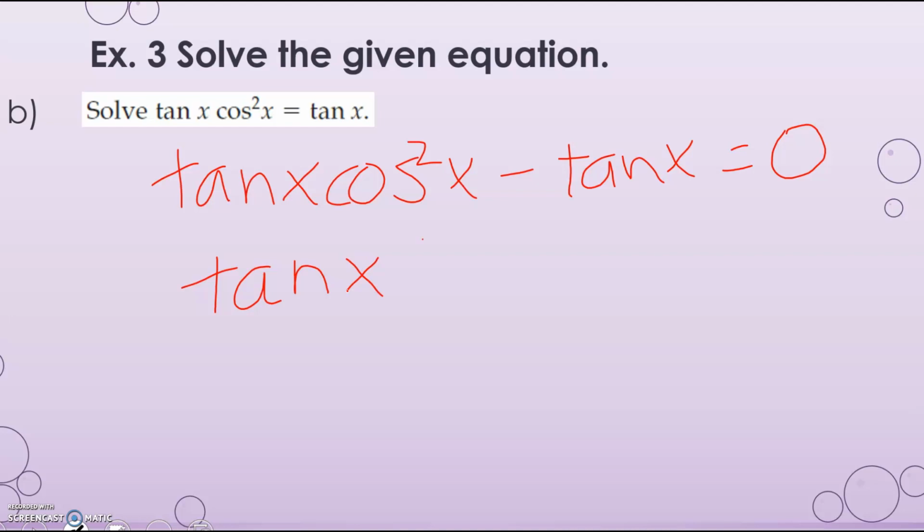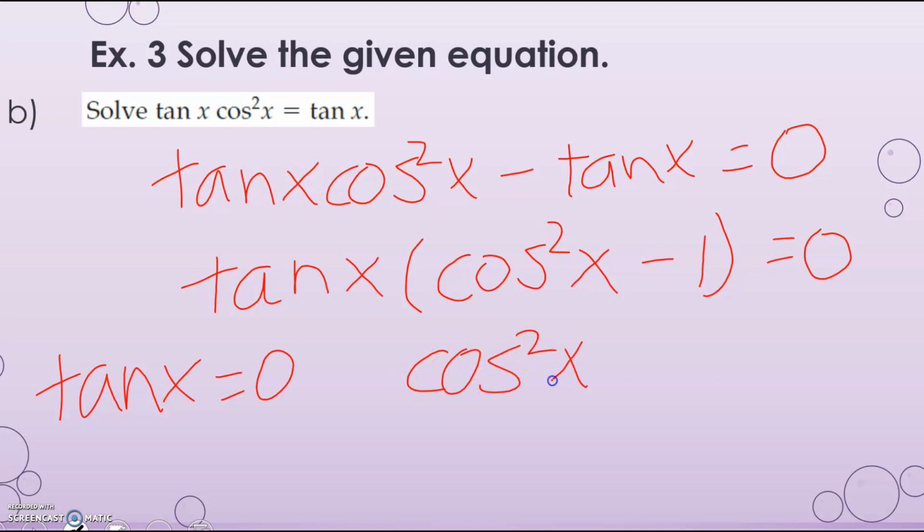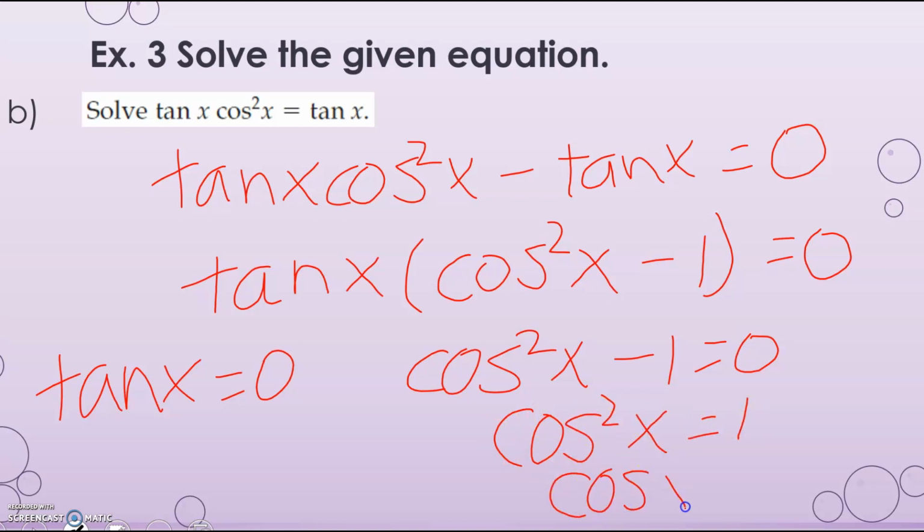So if I factor out a tangent of x, I'm going to get cosine squared x minus 1 equals 0. Oh, I can set both factors equal to 0. So I have tangent of x equals 0. And then cosine squared of x minus 1 equals 0, which then means cosine squared x is equal to 1, which tells me cosine of x is actually equal to 1 or negative 1.